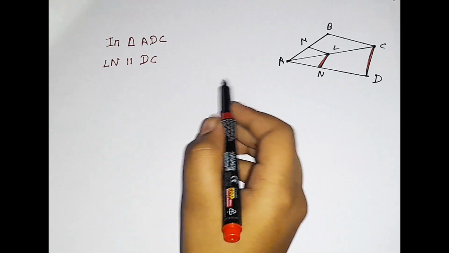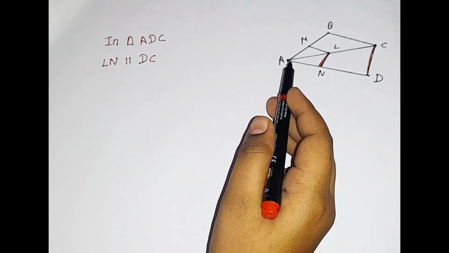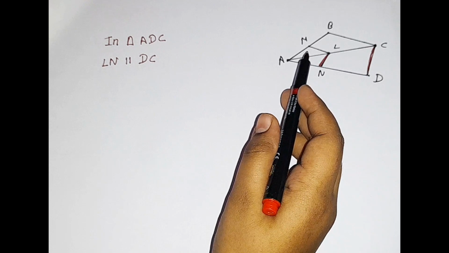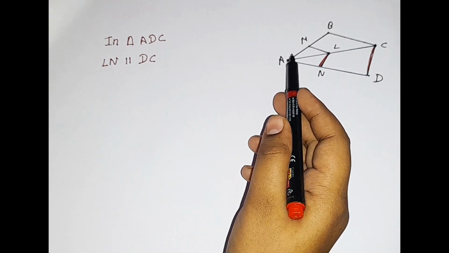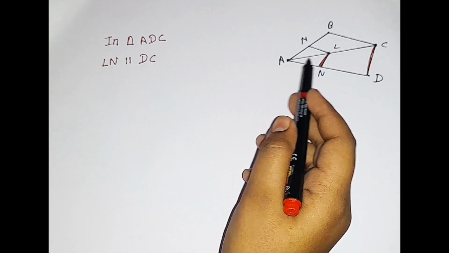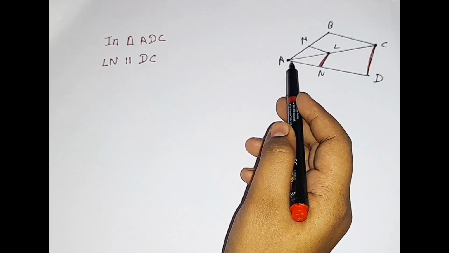That is the Thales theorem. According to BPT, we are supposed to write in ratio form. Ratio means like AM by MB equals AL by LC, which we wrote in the previous one.